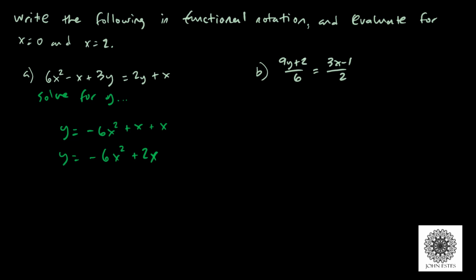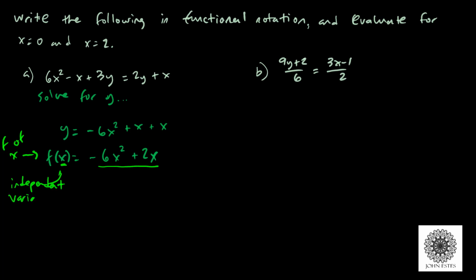Okay, now I'm going to replace the y with this, f of x. That is read as f of x. And that means that I have a function now where x is my input and this is my output. The x is called an independent variable.